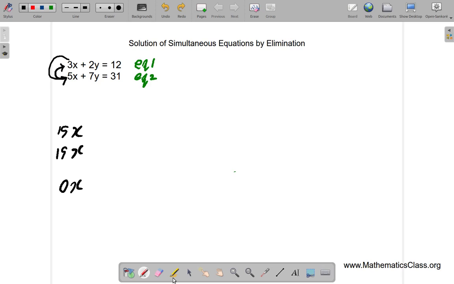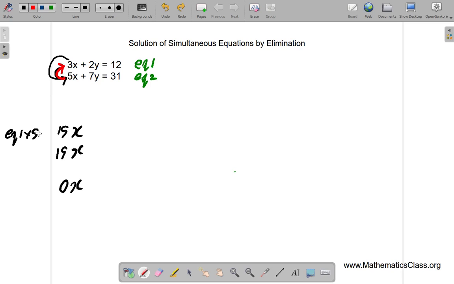Let's try that. If we do that, we would have to form a new equation down here by multiplying equation 1 by 5. If we multiply equation 1 by 5, we would have equation 5, this 5 multiplied by 3, because we want 5 times 3 to get 15.